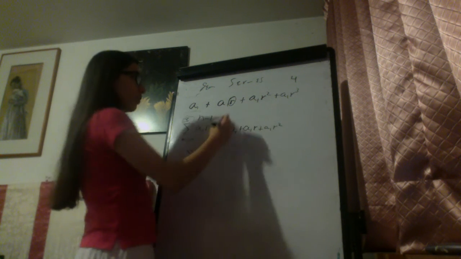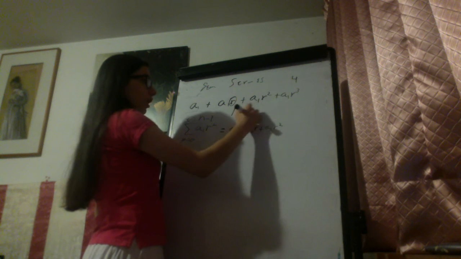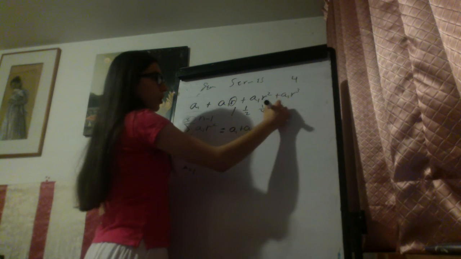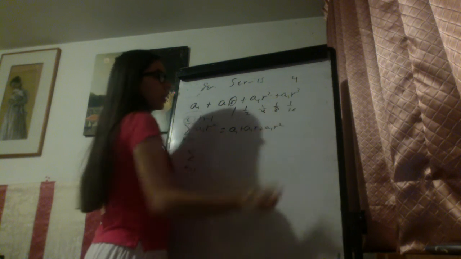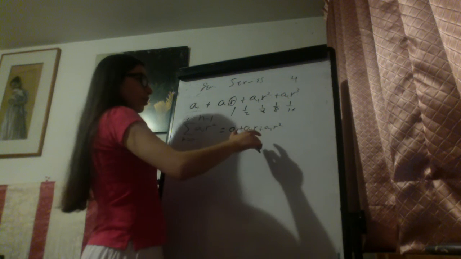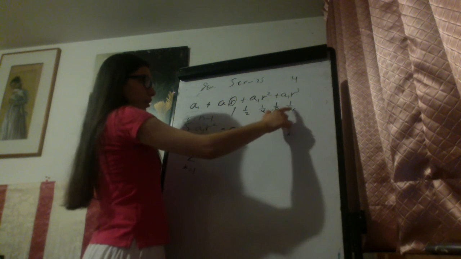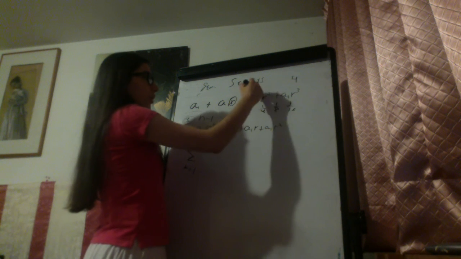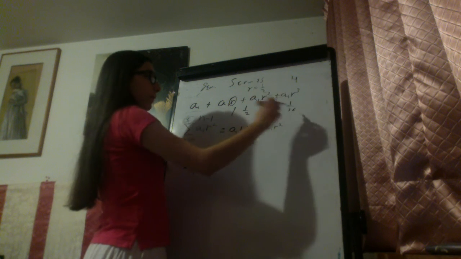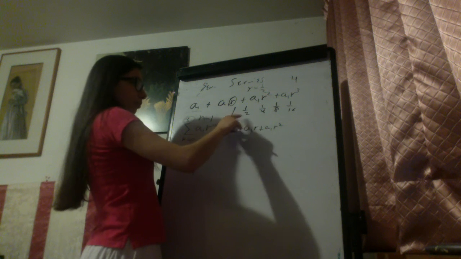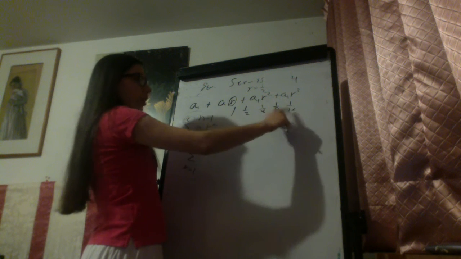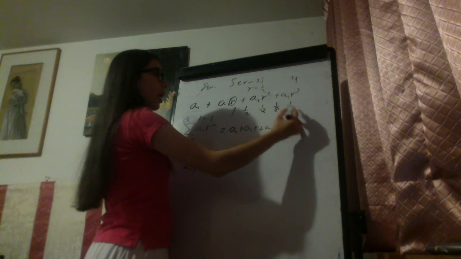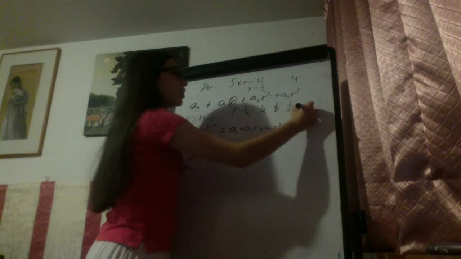We would see, for example, 1, 1 half, 1 fourth, 1 eighth, 1 sixteenth, etc. So if we want to figure out the exponent of the r, here our ratio is 1 half. Here you can see that we have 5 terms, and the exponent of the r, of the 1 half, is 4.